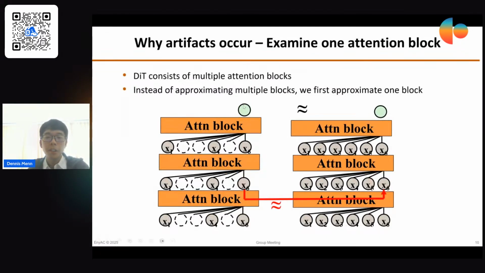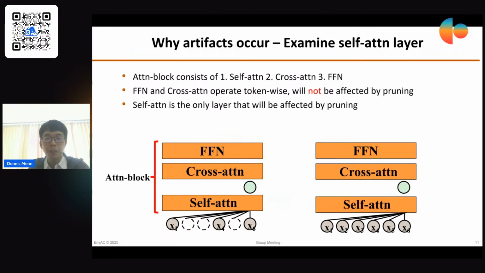So this is the final end goal, but let's first approximate in a single attention block. It's easier. And the next question is, can we further simplify the question? You can actually separate one attention block into 3 layers: self-attention layer, cross-attention layer, and feed-forward network.